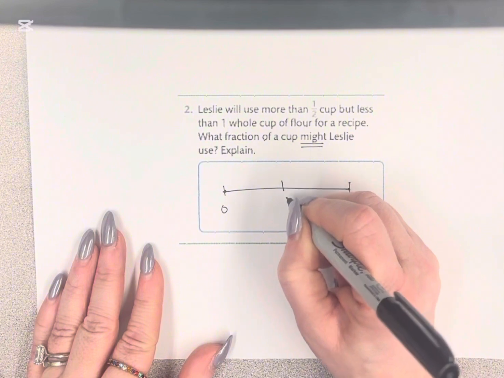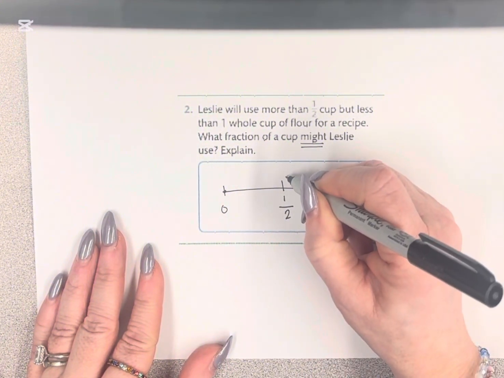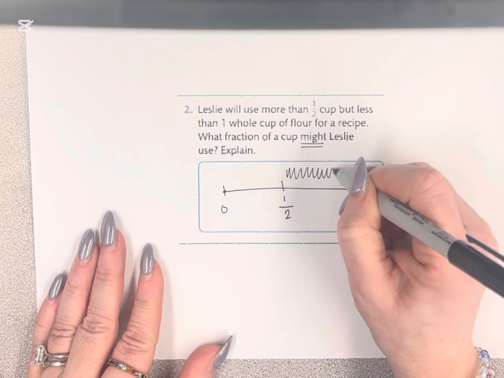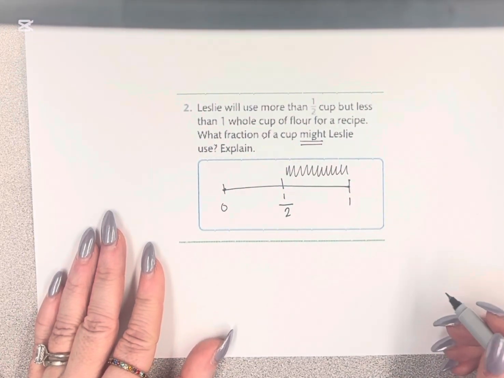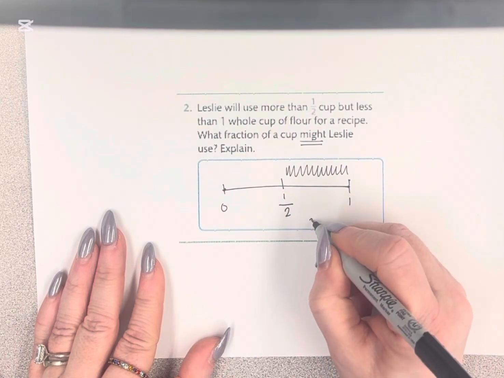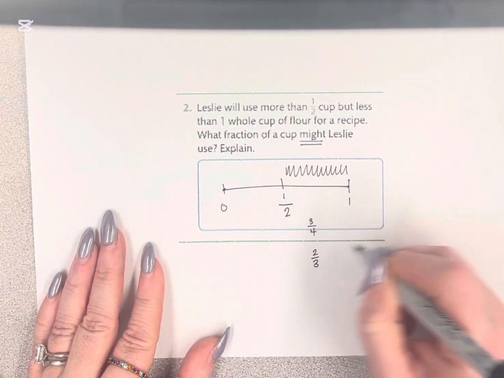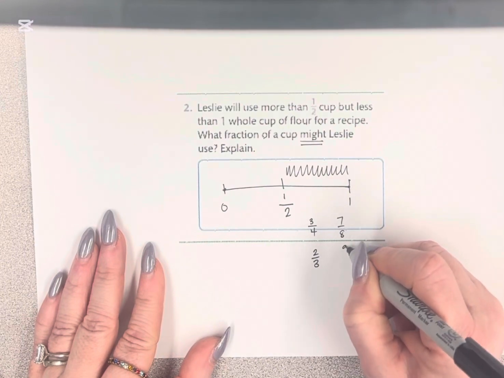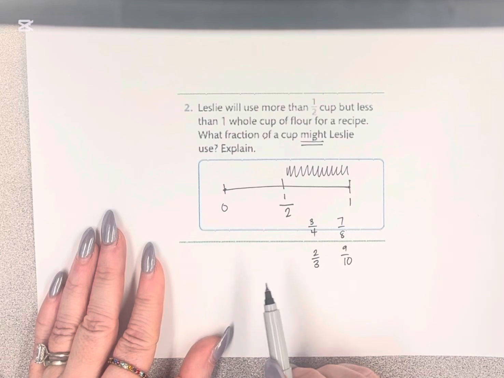And Leslie wants to use more than 1/2. So basically anything that lives between 1/2 and a whole. So it could be 3/4. Great option. Maybe 2/3. Another option. 7/8. 9/10. Anything that's bigger than a half and less than a whole.